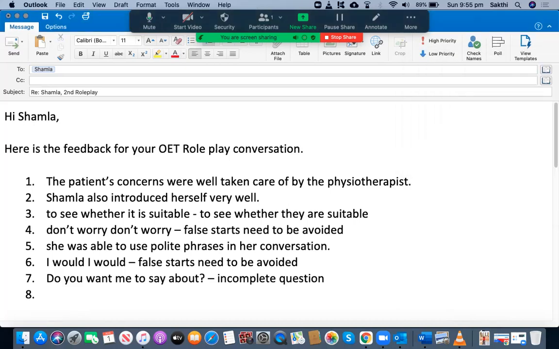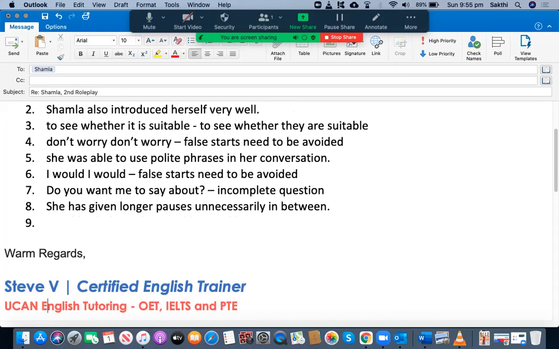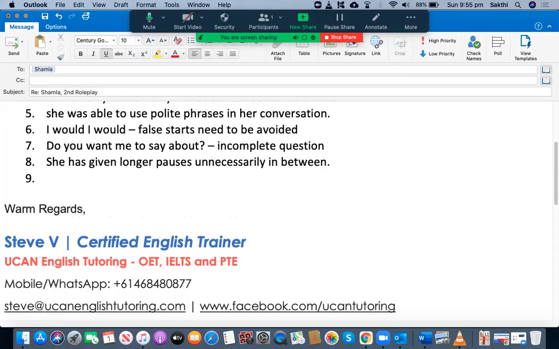Okay. The other issue is that she has given longer pauses unnecessarily in between, which is not good. You shouldn't give longer pauses, but when you have to speak, you have to give the required pauses that are going to be 1 to 2 seconds after every sentence.